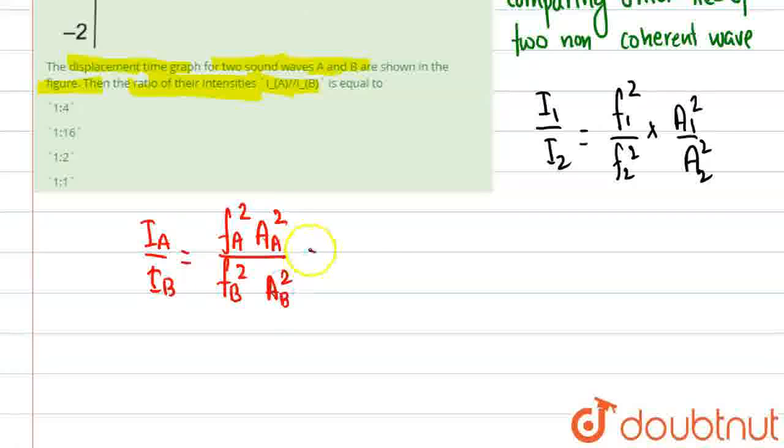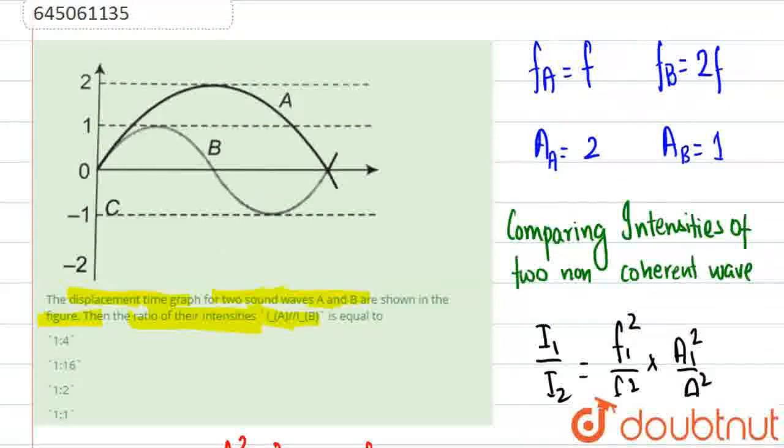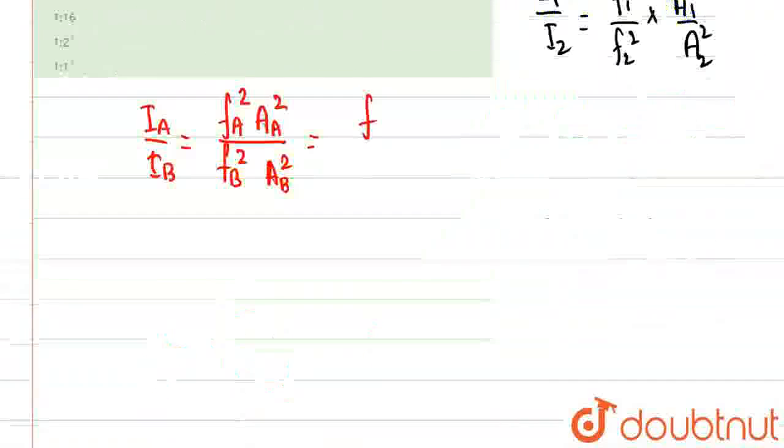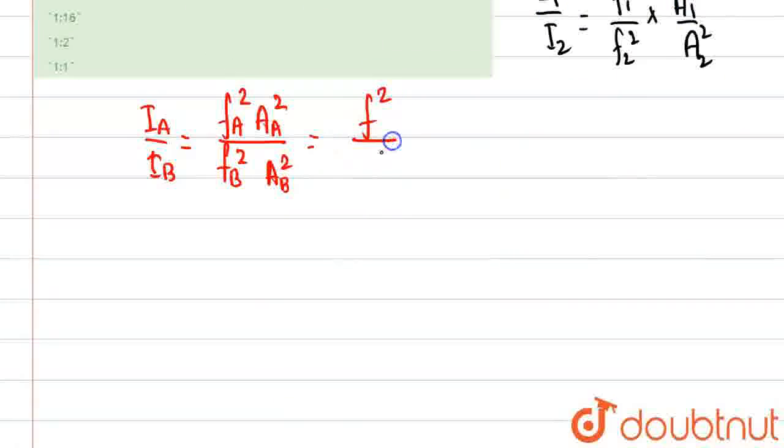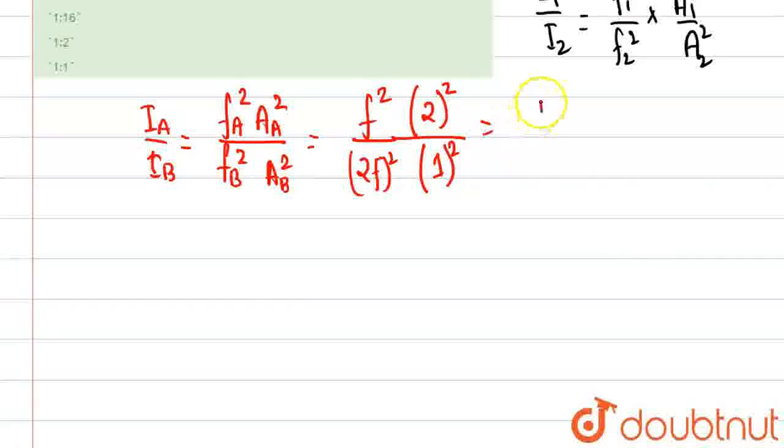FA is basically F, and FB is 2F. So F square divided by 2F whole square, multiplied by AA square, where AA is 2, squared, divided by 1 square. This will come out to be 1 by 1.